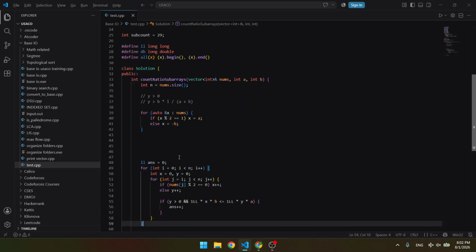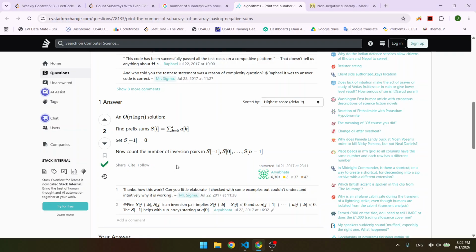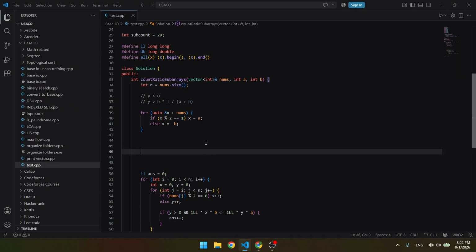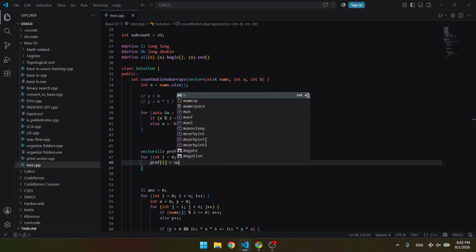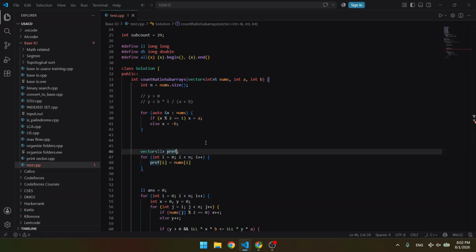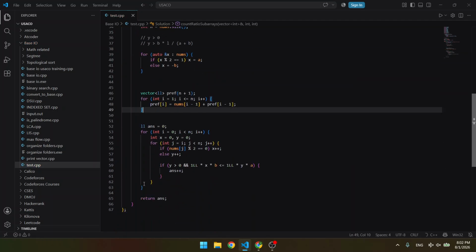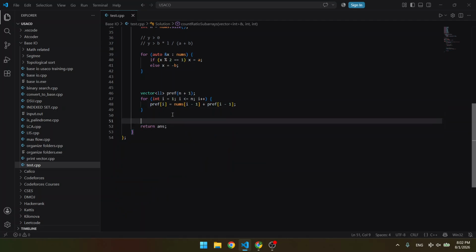Find prefix sums. Count the number of variables. Okay. So return the number of inversions in this.